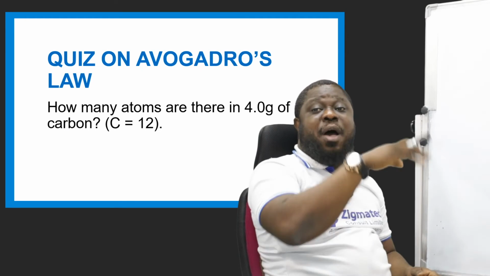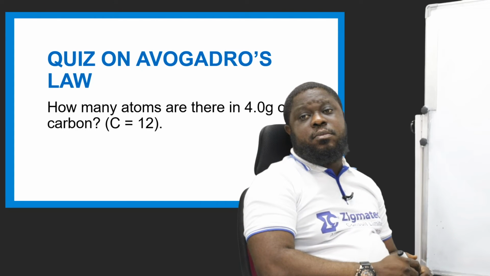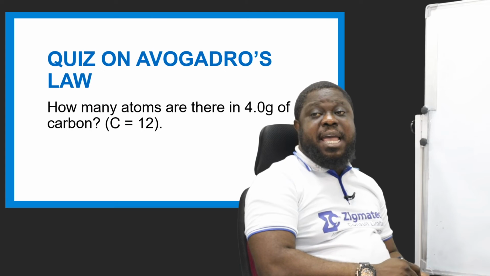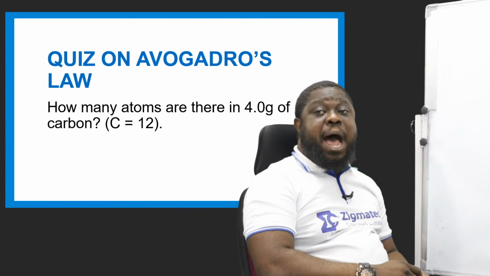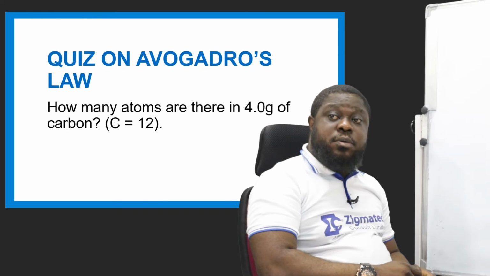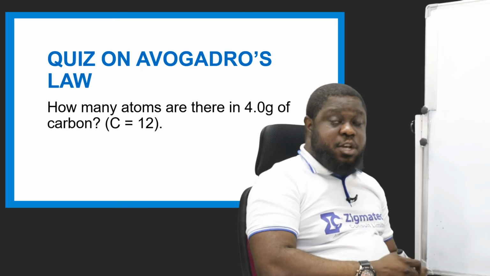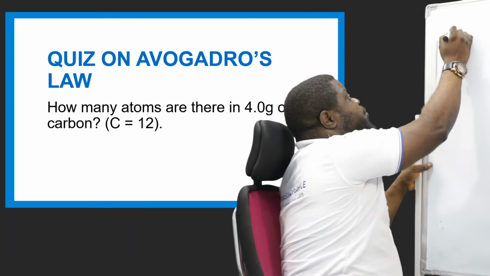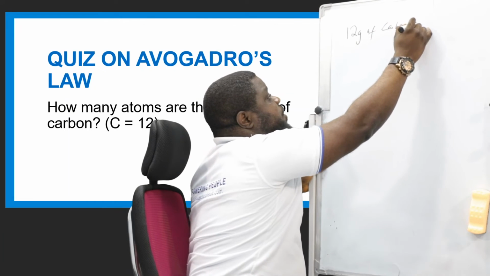In essence, it has 12 grams as 1 mole. How many atoms are there in 4 grams of carbon? Remember, Avogadro's number is a mole.